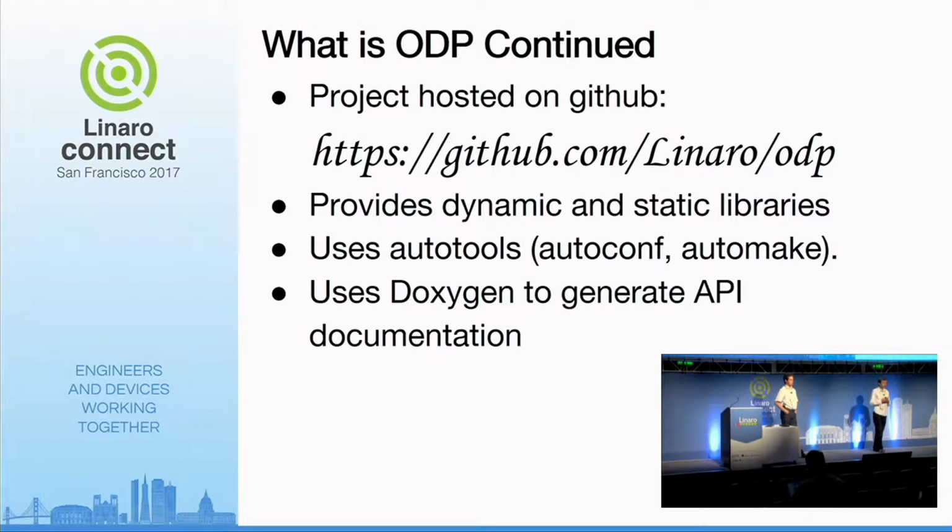We try to accept patches which have already passed continuous integration, so they can compile and they can run. Our project is on GitHub. The reference implementation consists of a static library and a dynamic library, examples, tests, and documentation, which is generated with Doxygen directly from source code.